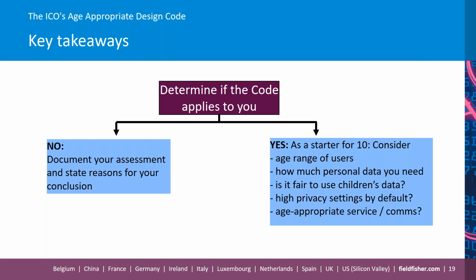And for example, if your services are for children aged 9 plus, does your privacy notice read as well to a 9-year-old as it would to a 15-year-old? That's just another practical consideration to be thinking about.